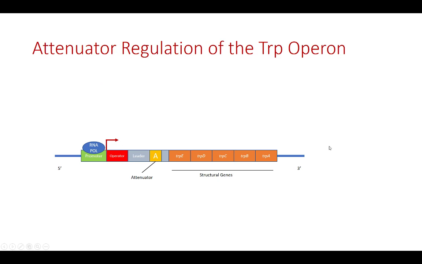The other method of regulation for the Trp Operon is using the attenuator. So this takes advantage of the fact that in prokaryotes, translation occurs at the same time as transcription.